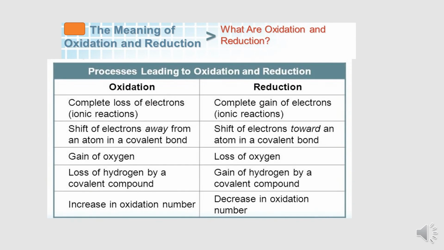This table represents the processes leading to oxidation and reduction. In oxidation, we have complete loss of electrons in ionic reactions, and reduction means complete gain of electrons in ionic reactions.